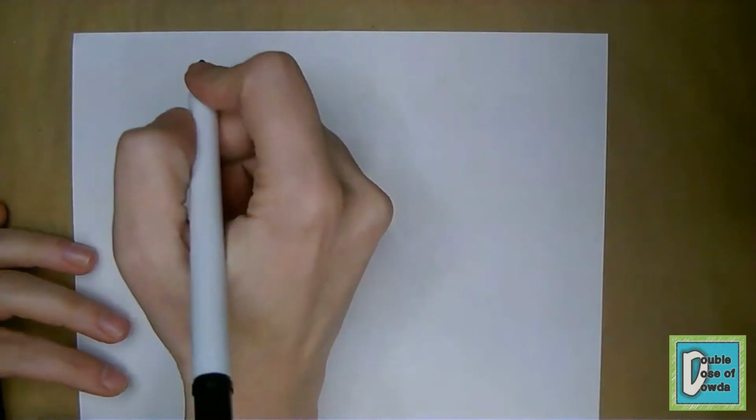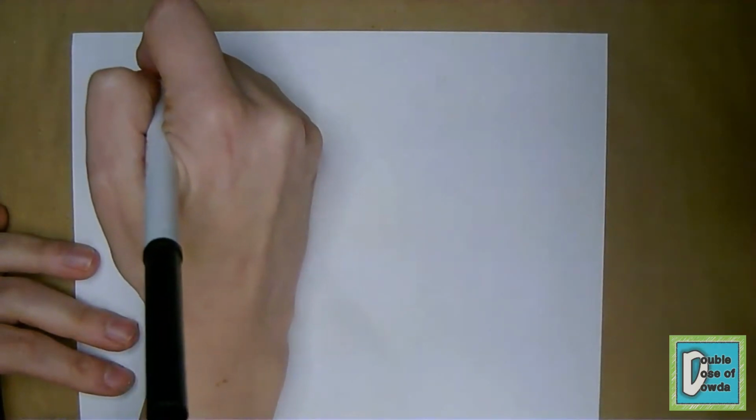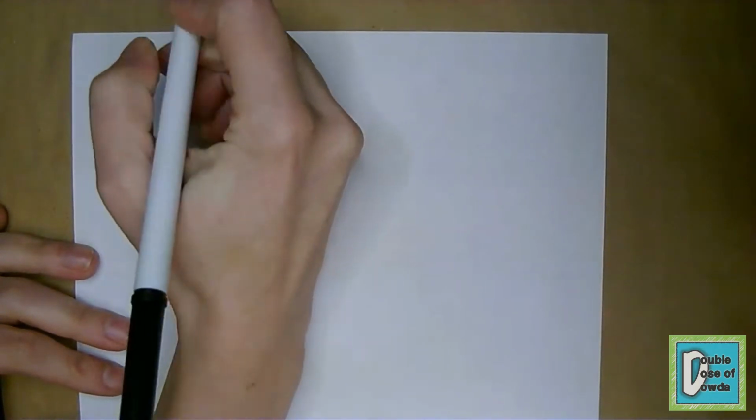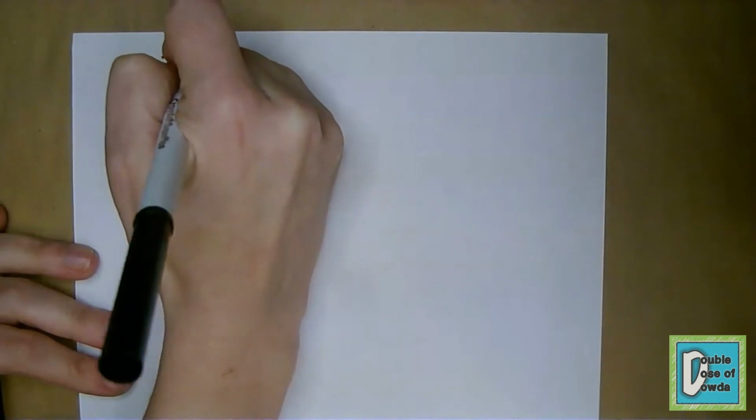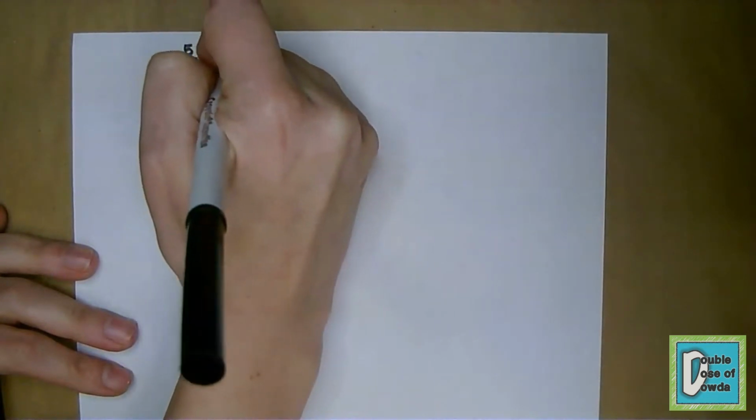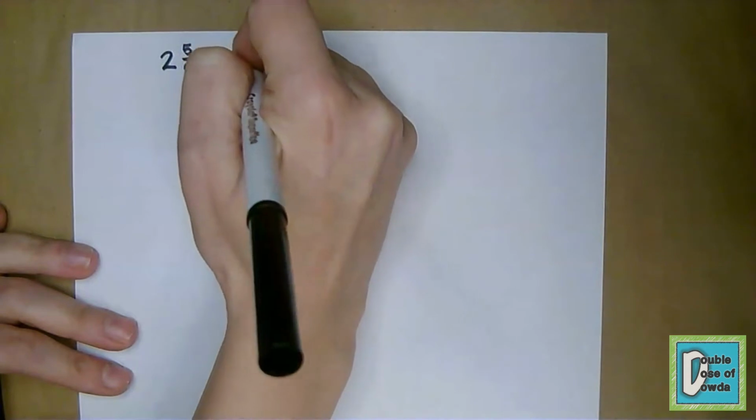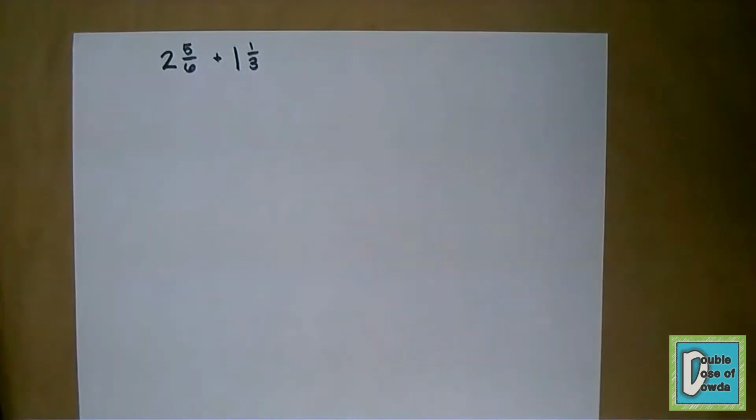However, today, students should already be quite familiar and proficient with adding fractions with like denominators and adding and subtracting fractions with unlike denominators. So if you need to review those things with them first, by all means do that. But our first problem that we are going to work today with manipulatives is 2 5/6 plus 1 1/3.